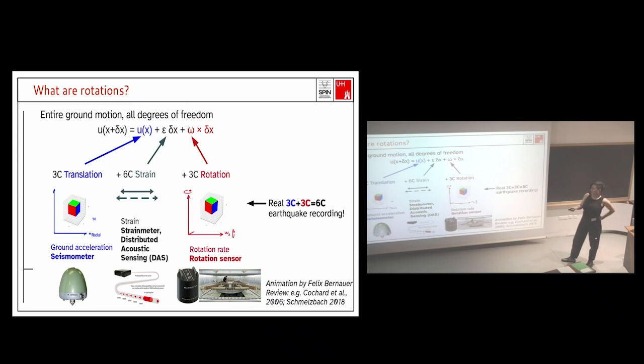So here you see a representation of the ground acceleration, so the transverse motion or translation motion. And here on the right, you see the associated 3 components of rotation motion. And this is actually from a recording of an earthquake, I think in Italy. So this is real data to show that seismic waves do have rotational components as well. I'll talk a little bit more about that later.